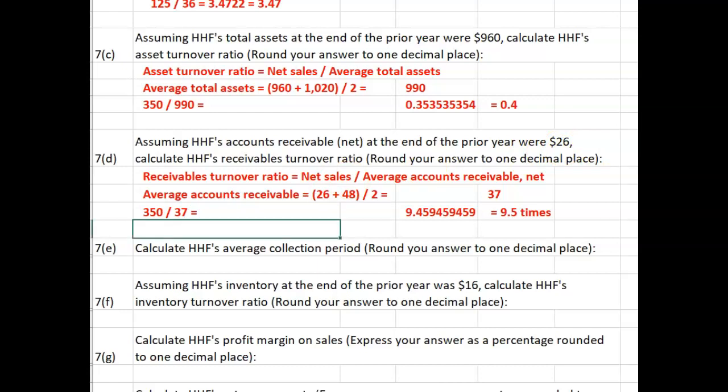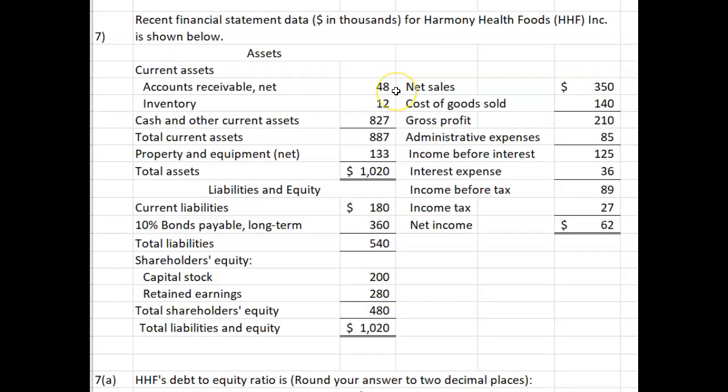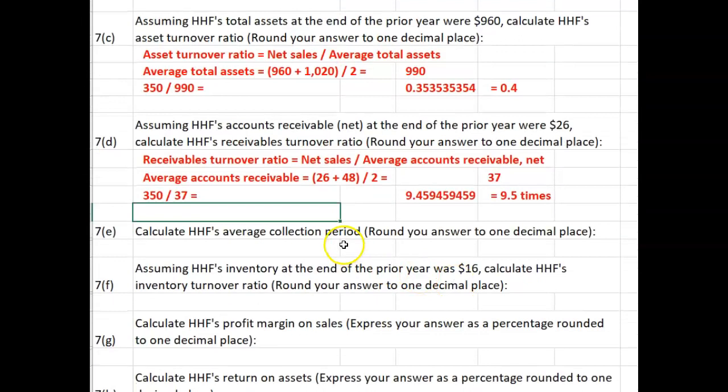The ending receivables are $48,000. 26 plus 48 divided by 2 equals average receivables throughout the year of $37,000.